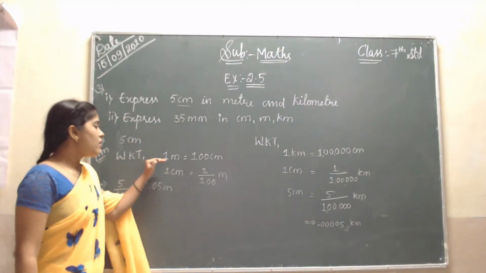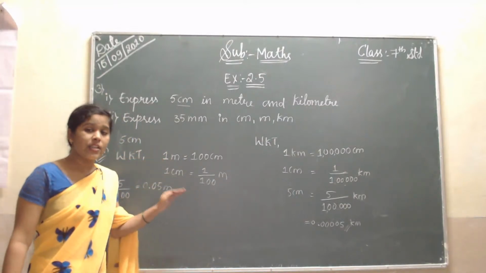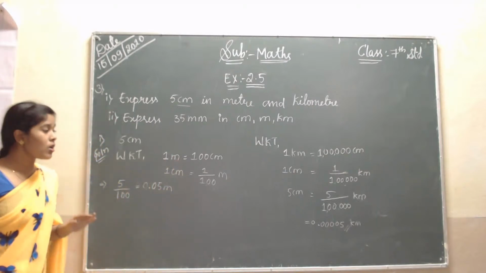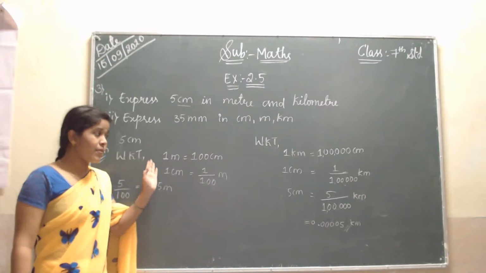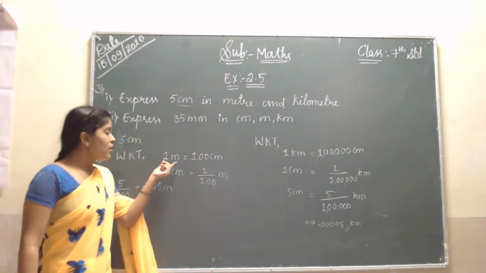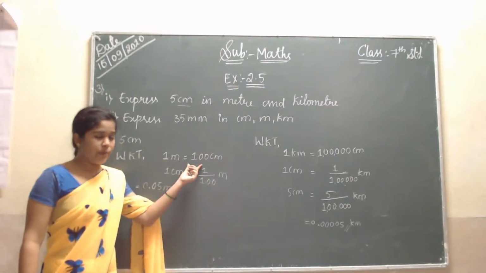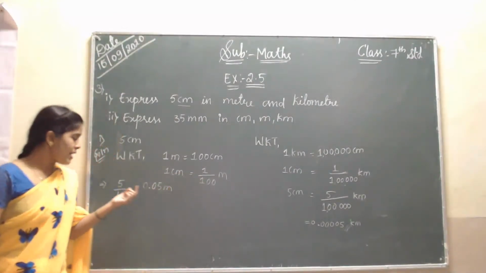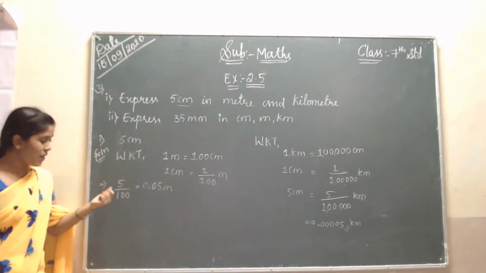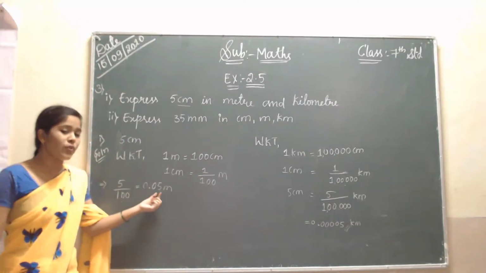See here, once again I will explain. We are converting centimeter to meter, and centimeter to kilometer. We know that 1 meter is equal to 100 centimeter. 1 centimeter is equal to 1 by 100 meter. So here there are 5 centimeters. So 5 by 100 is nothing but 0.05.